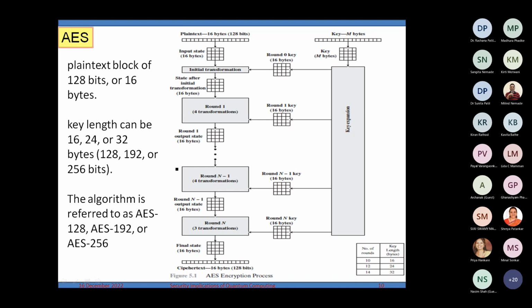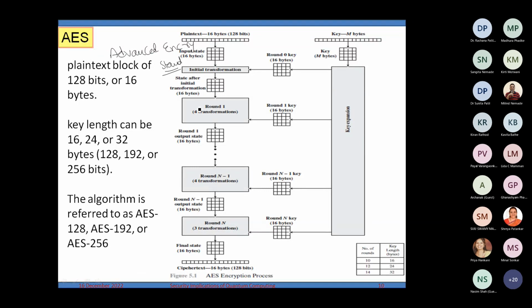In symmetric crypto systems, the most popular algorithm is the Advanced Encryption Standard, which is the current standard approach. It takes the plain text, divides it into multiple blocks, and performs certain transformations.